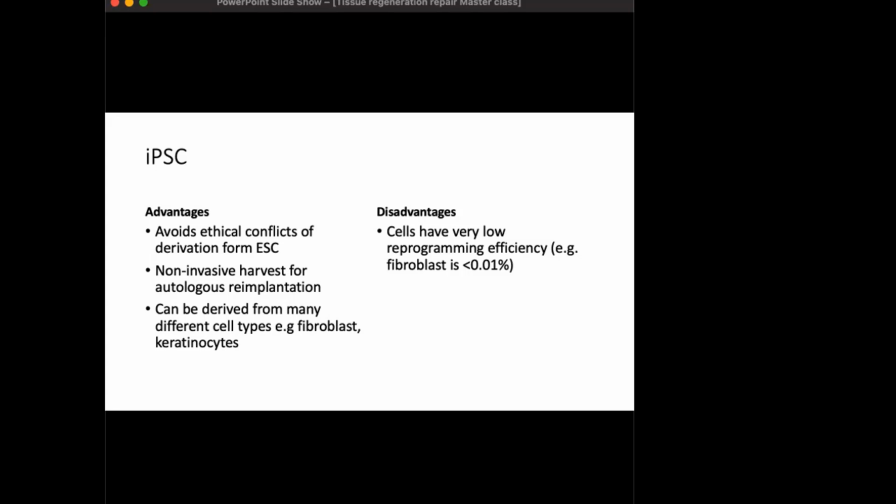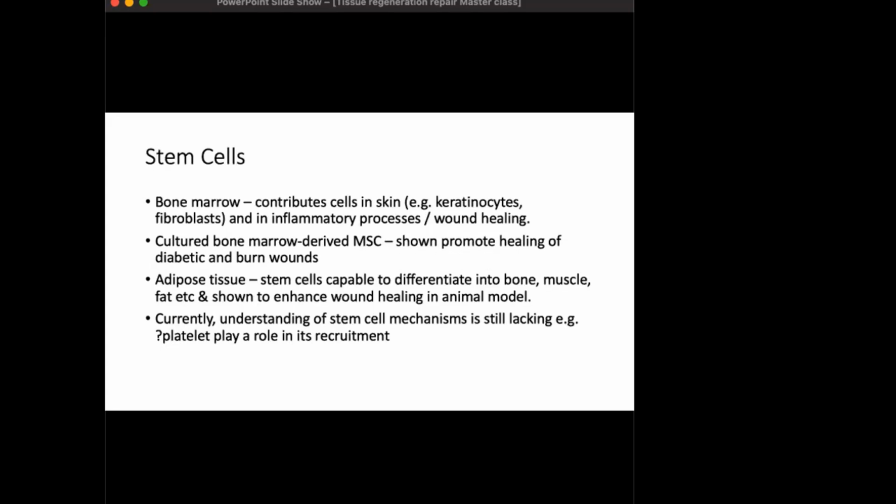The common stem cells that are available to us at the moment come from basically two areas. One is bone marrow. We know that bone marrow stem cells contribute to lots of different tissues, including the skin, for example keratinocytes or fibroblasts, as well as contributing to cells for the inflammatory process, like neutrophils and macrophages.